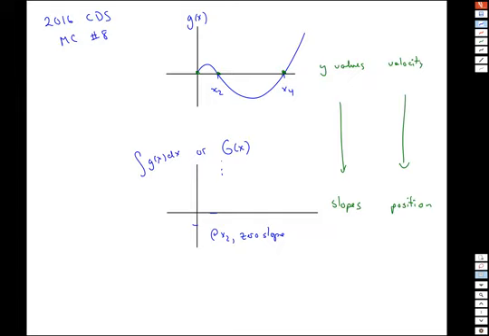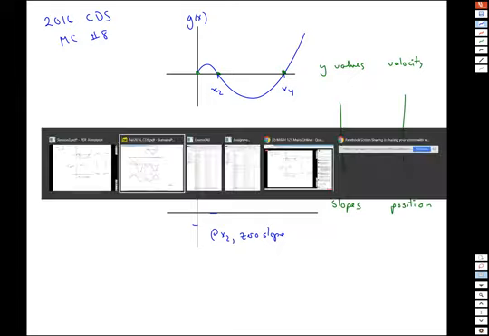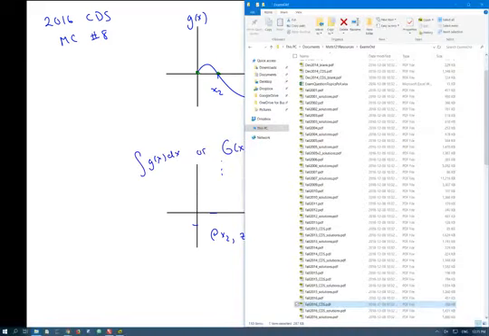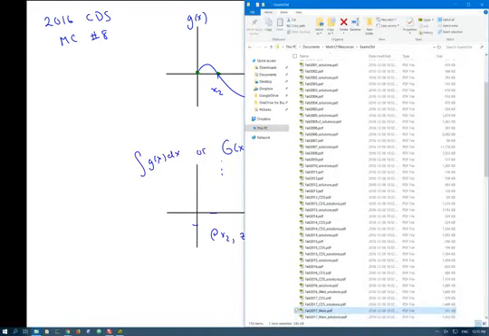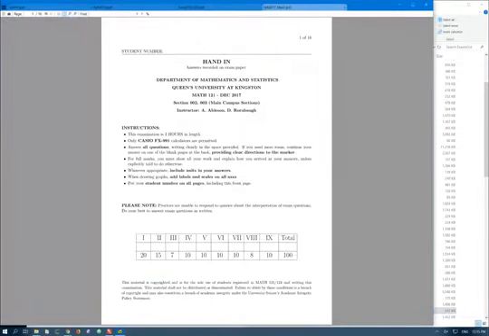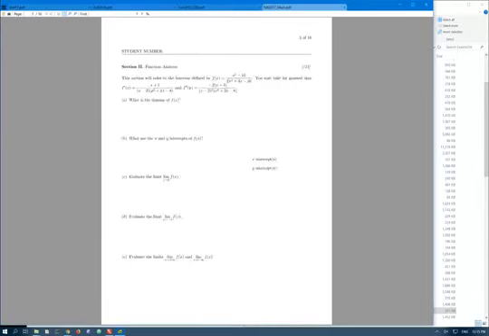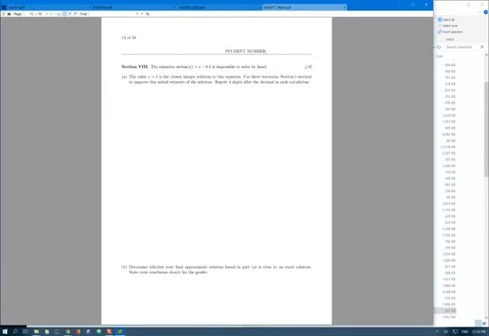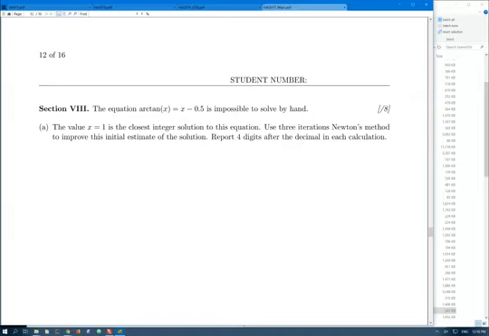Okay, so the main campus question, 2017. Here we go. Sorry, section 8, A and B. Just to confirm, Angela, you're talking about the arctan equation here and Newton's method?